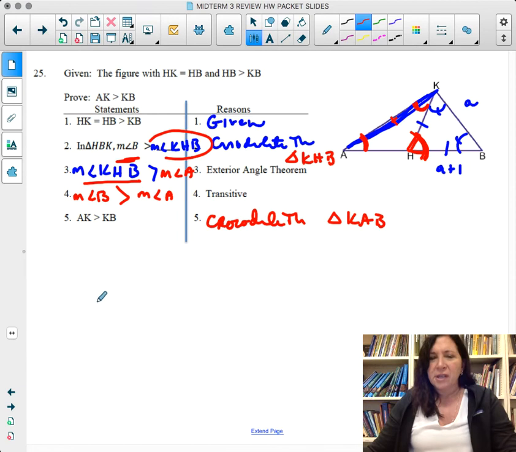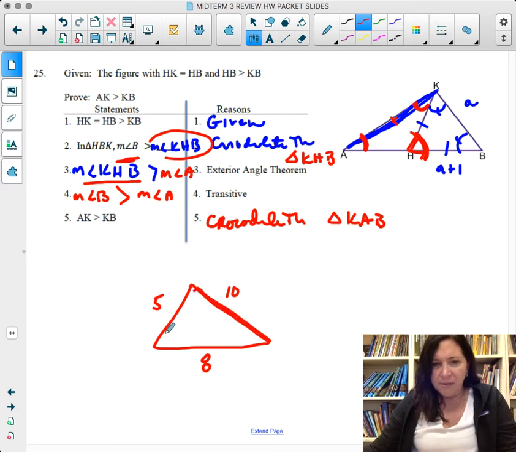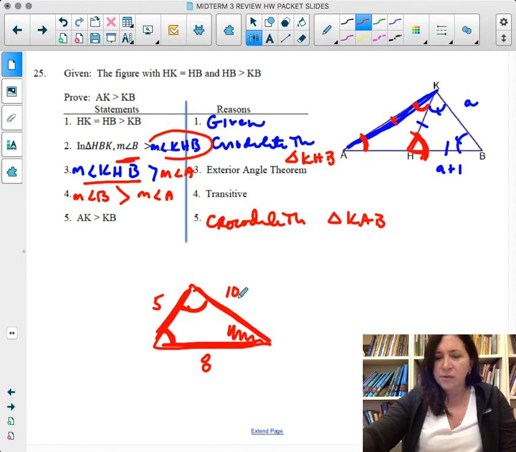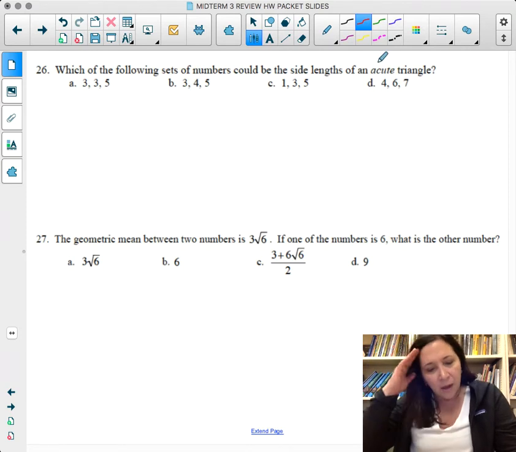I really think it's important just to remember that whatever sides you have, the sides that are opposite, like this is the biggest side, that means this angle is the largest. If this side's the next biggest, that angle is the next largest. And if this is the smallest side, that makes this angle the very smallest too. So just remember that. Which of the following numbers could be the sides of an acute triangle?